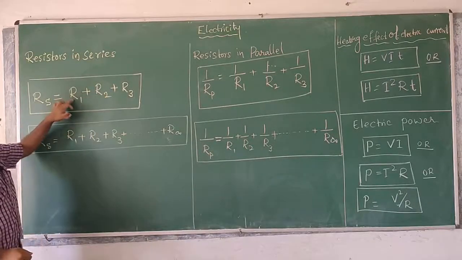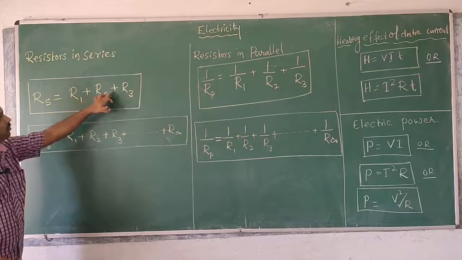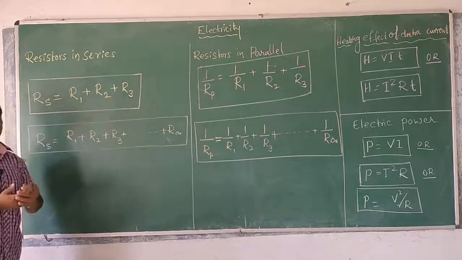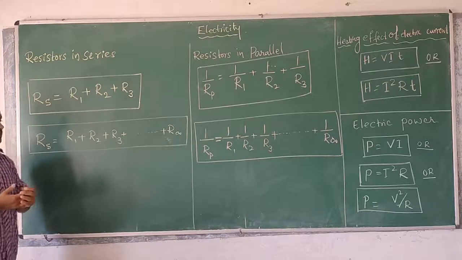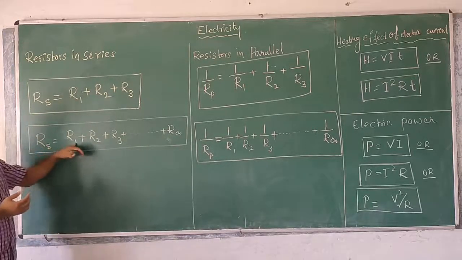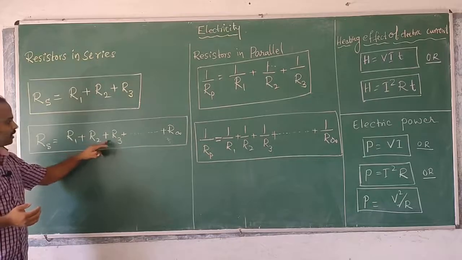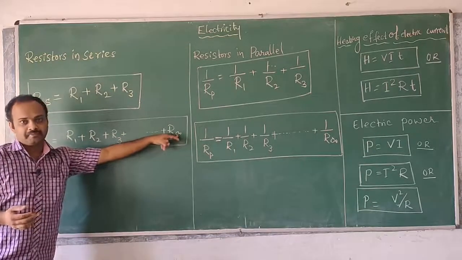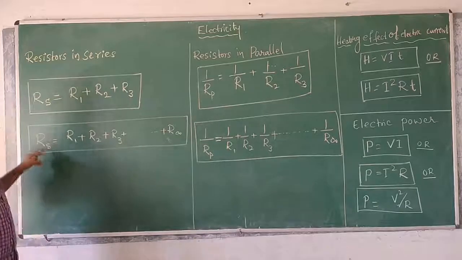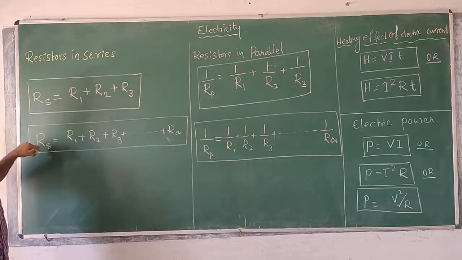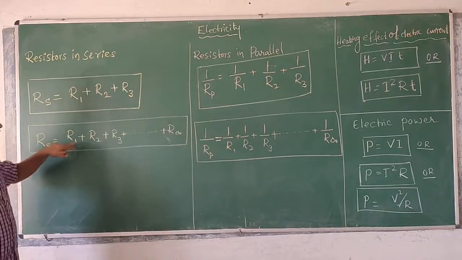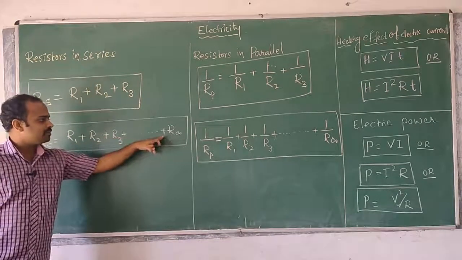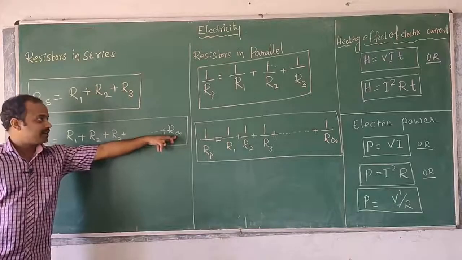If infinite resistors are given, then the total resistance of the system Rs is equal to R1 plus R2 plus R3 plus and so on plus R infinity.